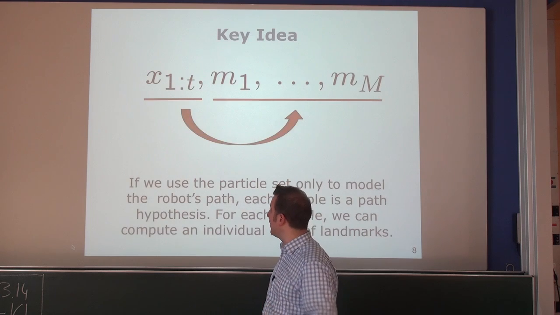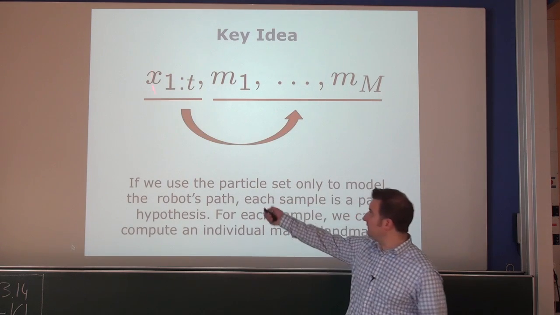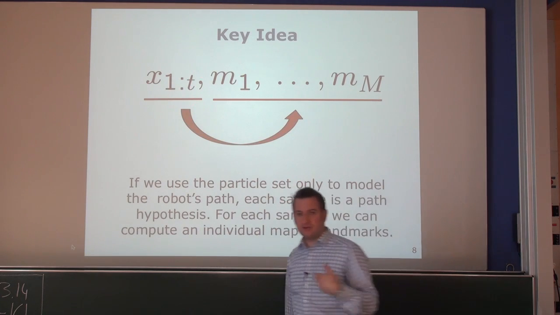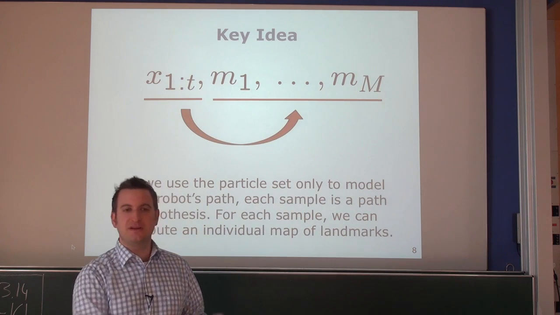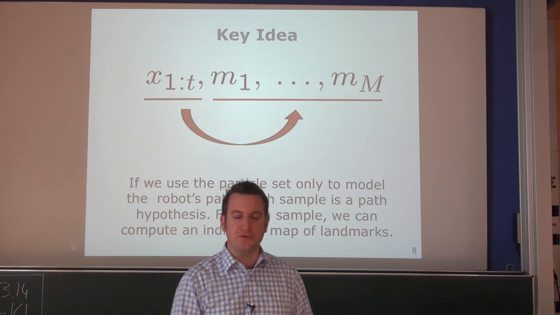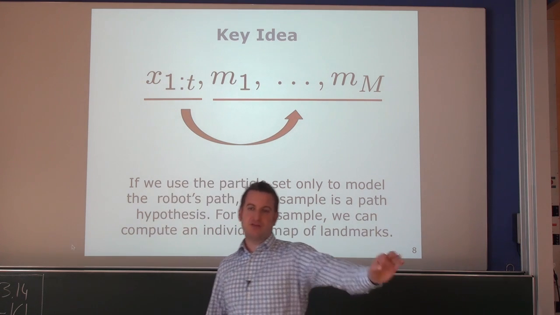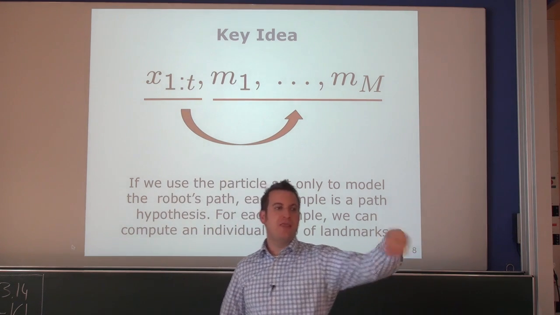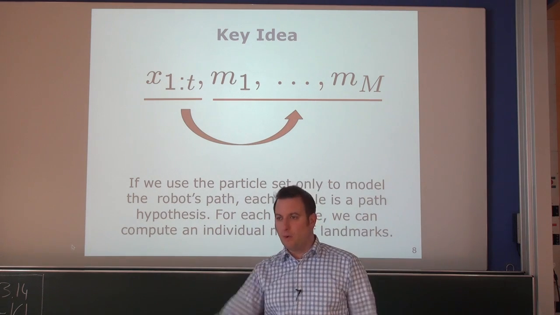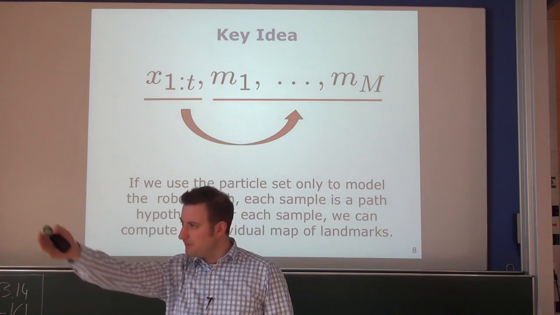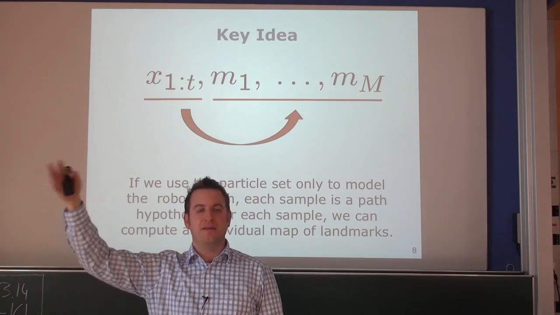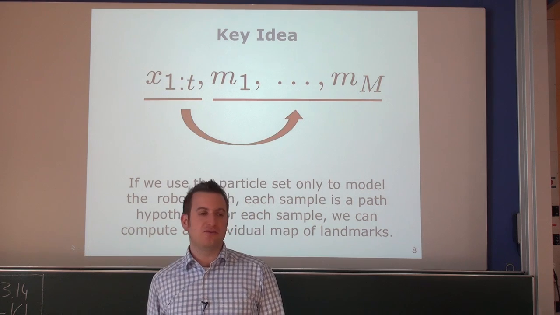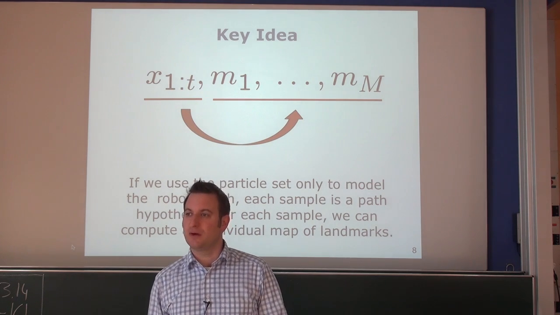The key idea is to use a particle filter to represent only the trajectories the robot has taken, and for every sample build an individual map using mapping with known poses. If the trajectory of particle 1 was right, then the world looks like this. Or if particle 2 did the right job, the map looks like the map generated using the trajectory of particle number 2, and so on.